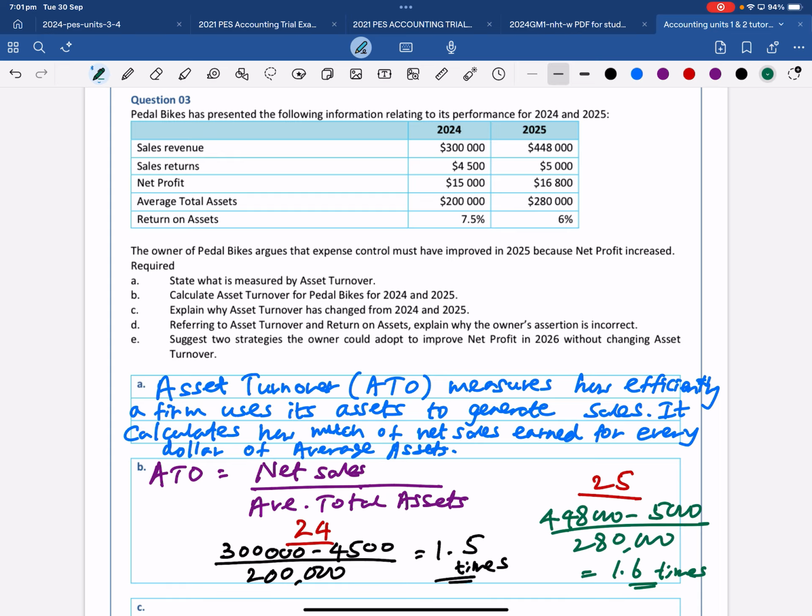But what is that of total assets? It has increased by 40%. So basically, the increase in net sales is higher than that of average total assets. Okay, we'll write it.